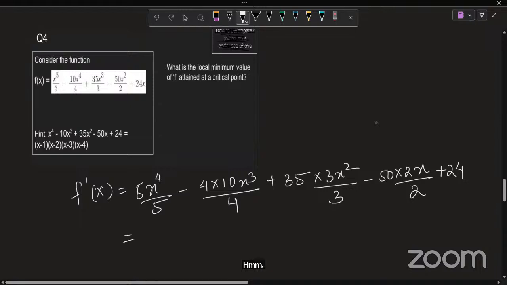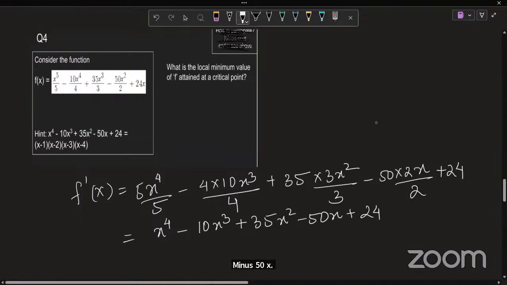So it will be x to the power 4 minus 10x cube plus 35x square minus 50x plus 24.